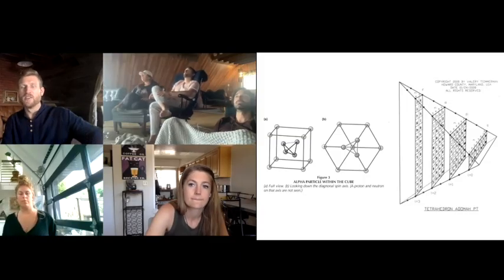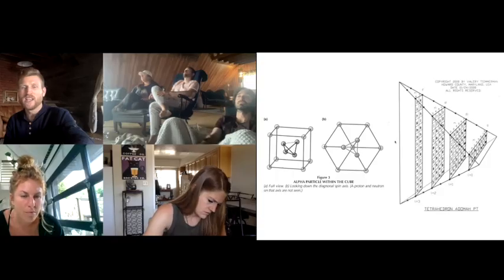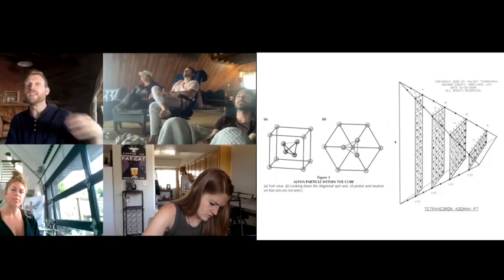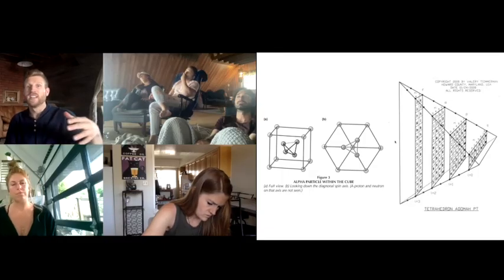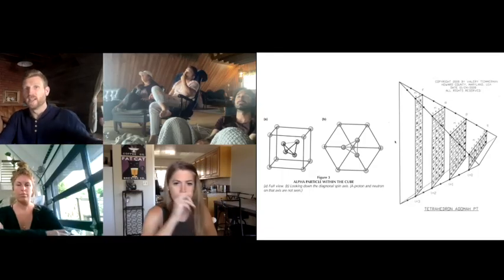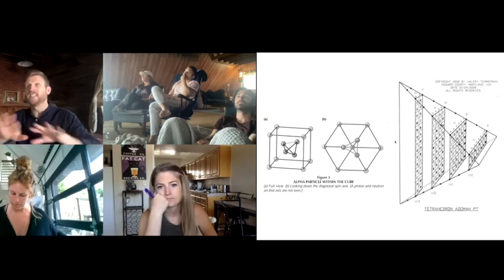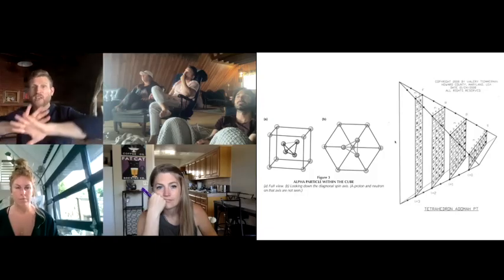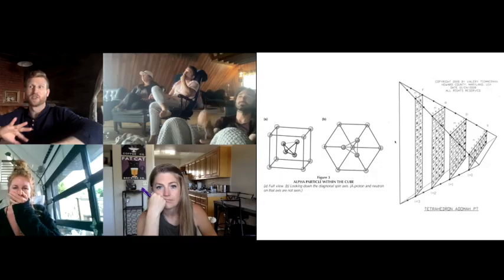And the other thing that Moon did, and this is the image on the right here, is he suggested a restructuring of the periodic table organized into a tetrahedron. So that's what we're looking at there. He's basically taken the periodic table of elements and reorganized it so that it's structured within that three-dimensional shape.